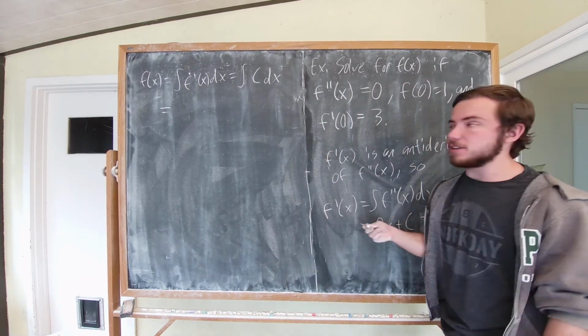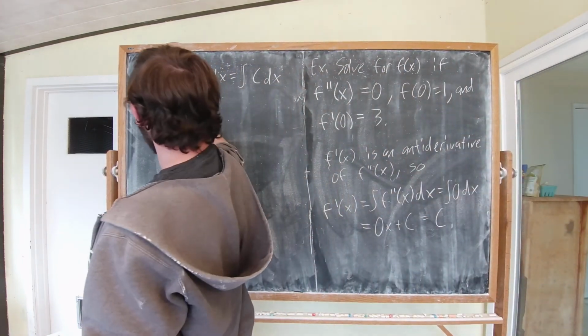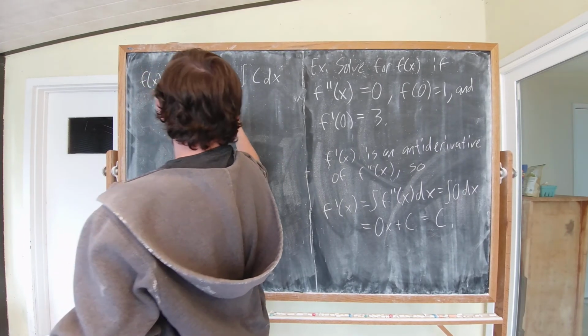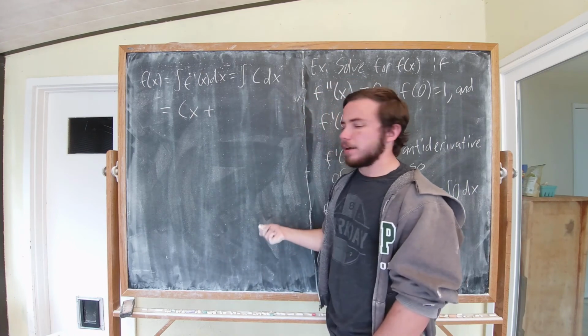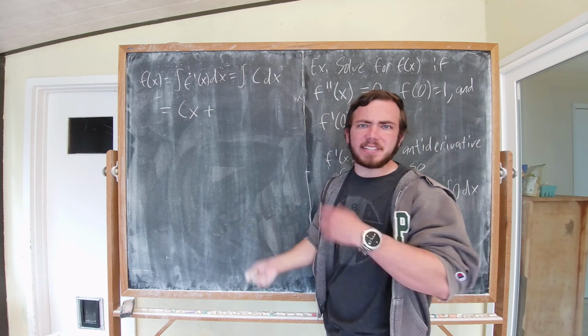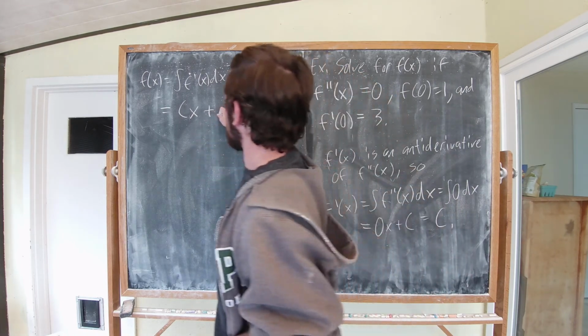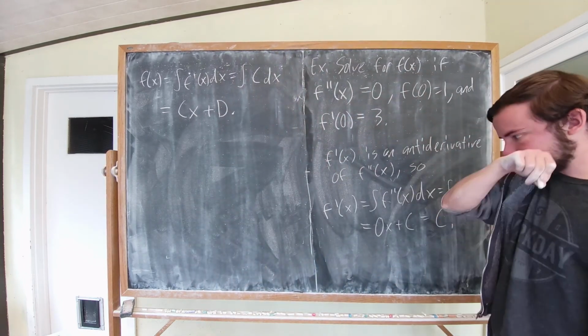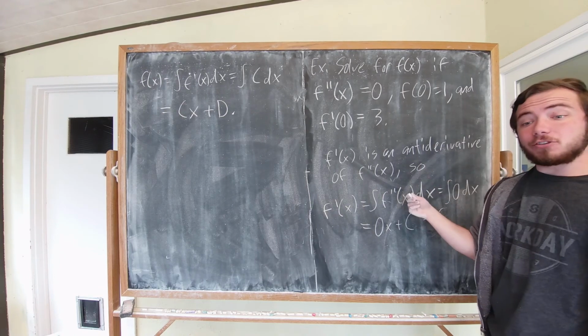Well, okay, what's the integral of a constant? It's that constant times x plus another constant. Maybe I don't want to call them both c since they might be different. So let's call this one capital D. So that's our general solution.